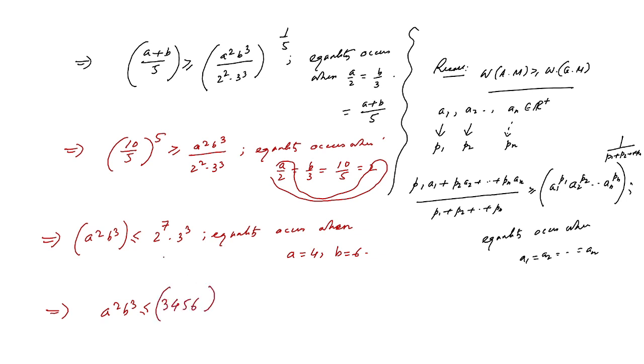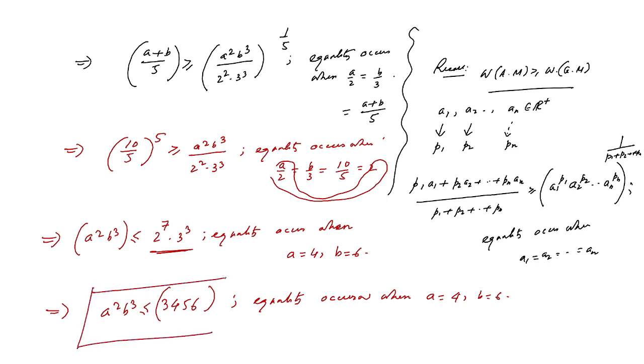You will calculate it. Okay, এটা calculate করে দেখো. When equality occurs, when a equals 4 and b equals 6, so we have the greatest value of a square b cube.